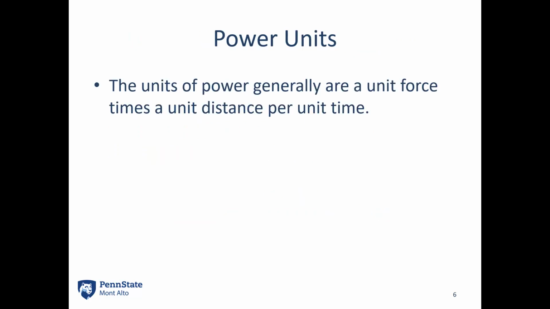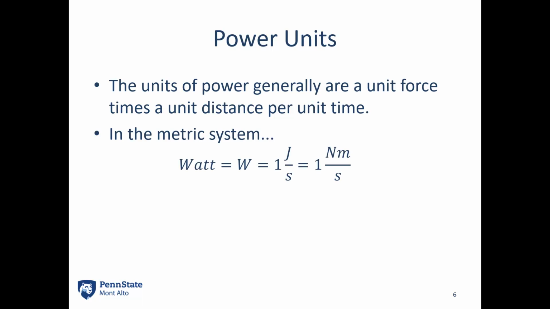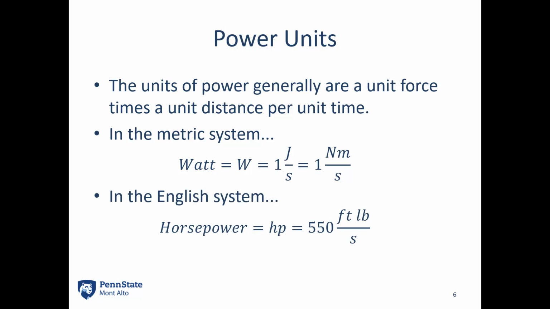All right, so the units of power, either translational or rotational, are going to be the same. A watt is the metric unit of power. It's 1 joule per second, or 1 Newton meter per second, force times distance over time. In the English system, it's horsepower, which is 550 foot-pounds per second, so again force times distance over time.